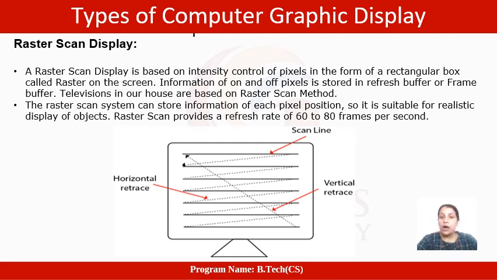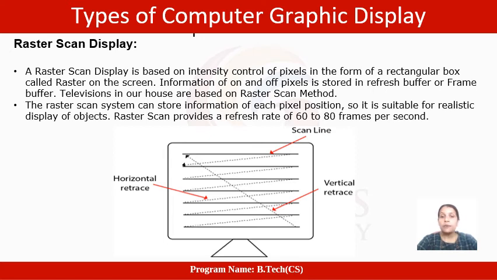The televisions in our houses are based on the raster scan method. The raster scan system can store information of each pixel position, so it is suitable for realistic display of objects. Rasters can provide a refresh rate of 60 to 80 frames per second.